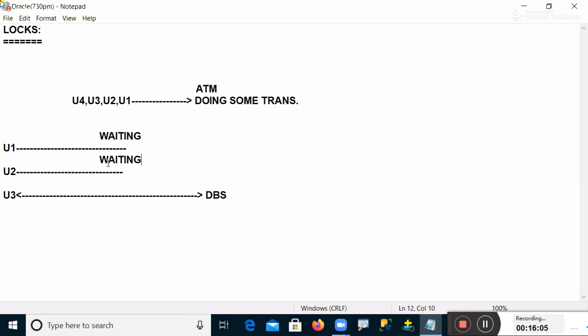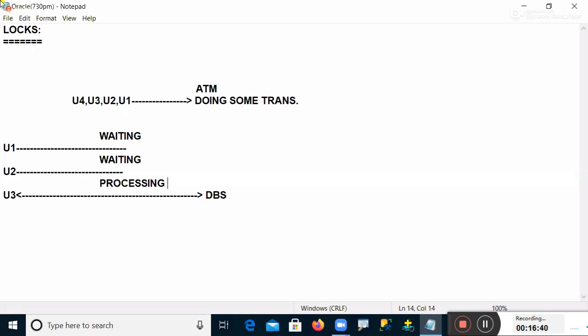So user number 3's request is being processed by your server, and that's why user 2's and user 1's requests are in waiting position. The server will give permission to user 2 and user 1 only when user 3's transaction is successfully completed, or successfully cancelled. Only then will your database server give permission to the next user.